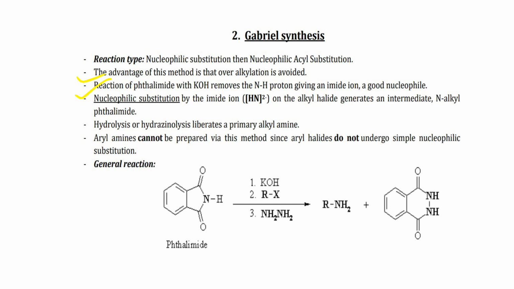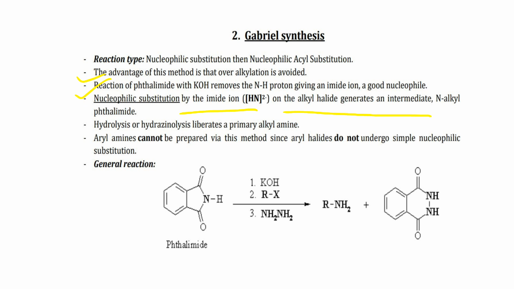Nucleophilic substitution by the imide ion on the alkyl halide generates an intermediate N-alkyl phthalimide. Hydrolysis or hydrazinolysis liberates a primary alkyl amine.